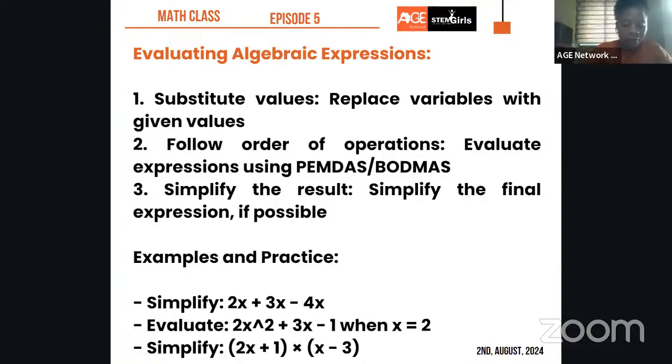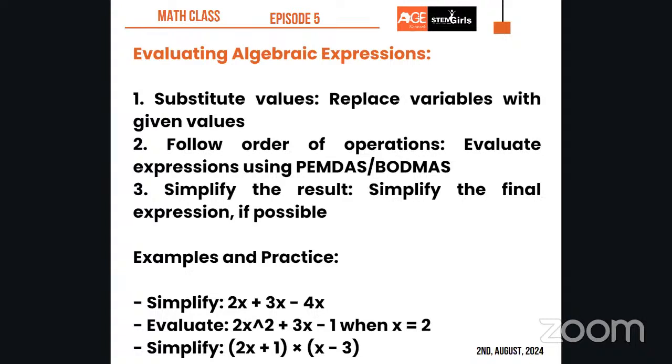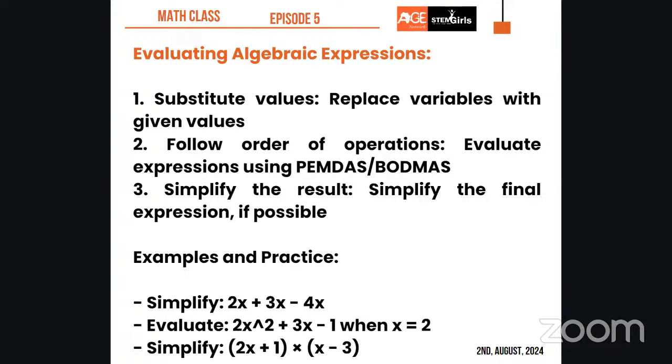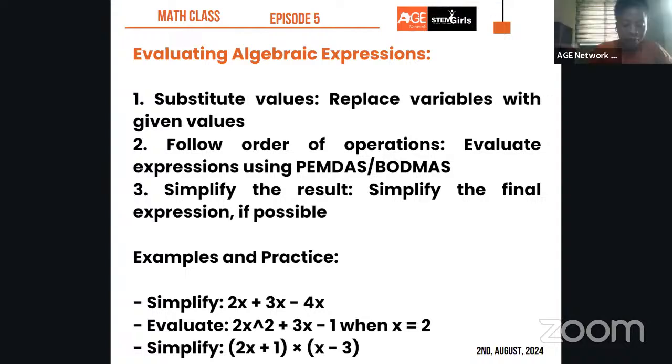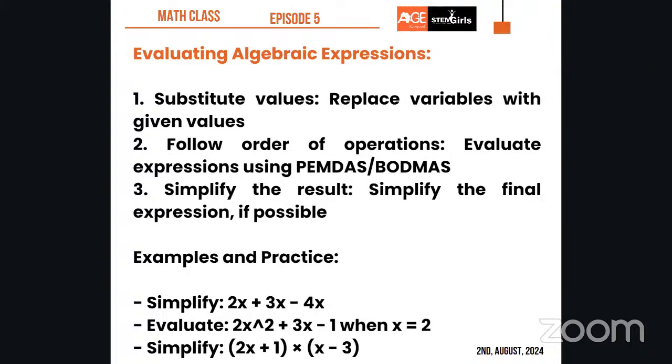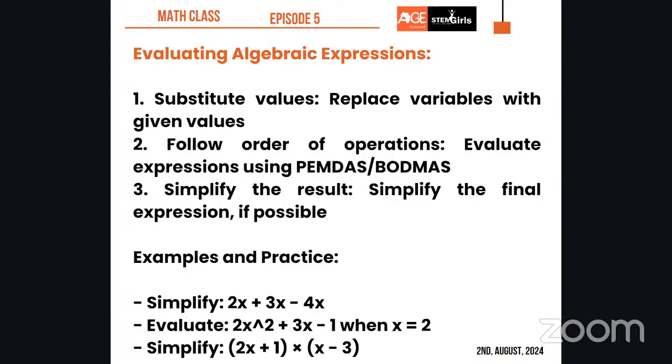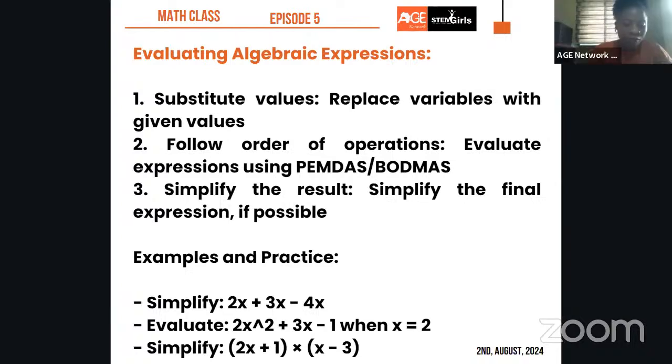There are some algebraic expressions where you will be given the value for your variable. You substitute the value of your given variable into your algebraic expression so that you can evaluate your answer. The second one is follow order of operations, which is the BODMAS part that we talked about. Then number 3, simplify the result. If there's no need for you to simplify the result, then you go ahead.